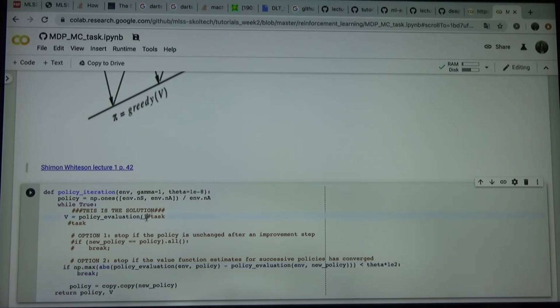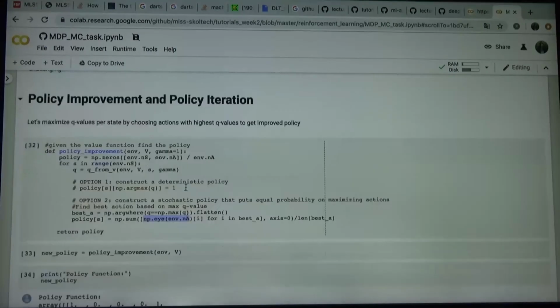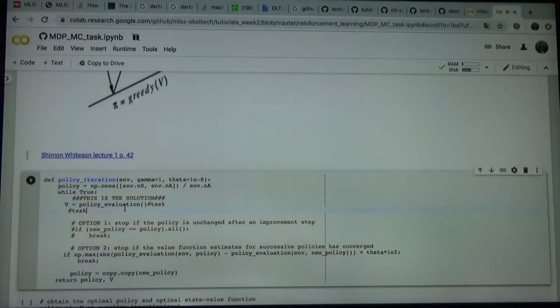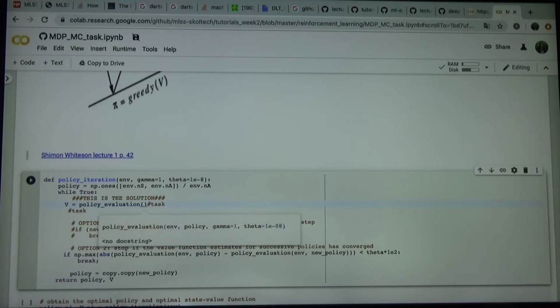Our policy evaluation function is going to take the environment, it's going to take our policy, and some gamma, which we have, and some theta.